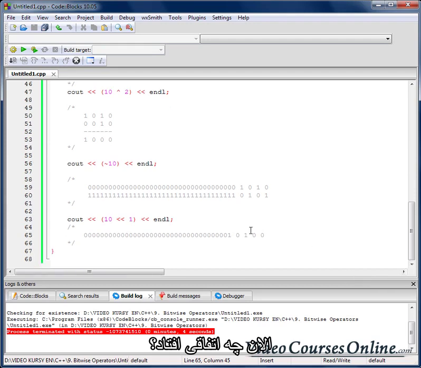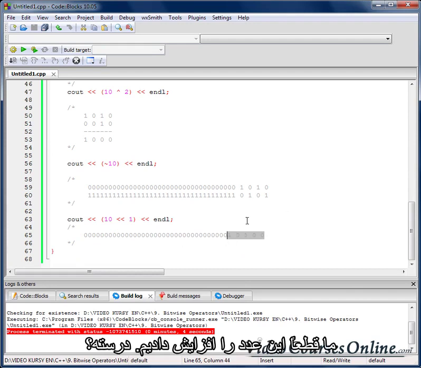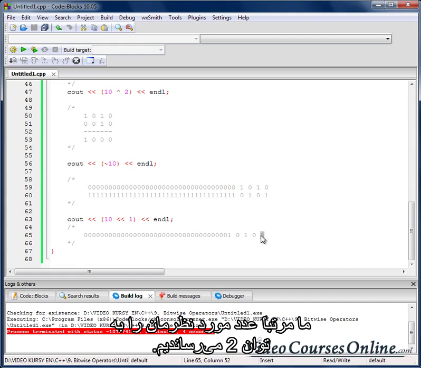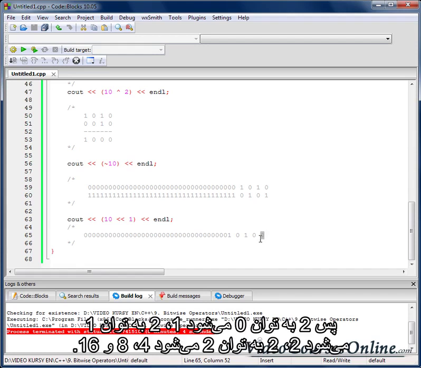So right now, what happened? We increased that number for sure, right? But by how much did I increase that number? All the time we are doing something like raising 2 to a power. So 2 to the power of 0 is 1, 2 to the power of 1 is 2, 2 to the power of 2 is 4, 8, 16, right?